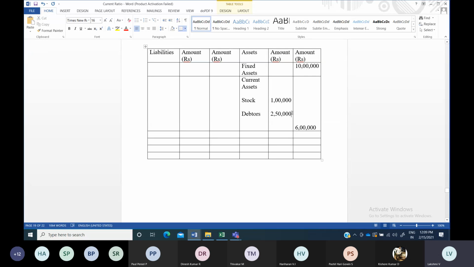So we have to see how much the balance amount is. Subtract 1 lakh and 2,50,000 from 6 lakh, and find out how much balance amount is left. Just find out. That amount will be other current assets. You can mention it as others, because it is cash or some asset whose type you cannot categorize here.